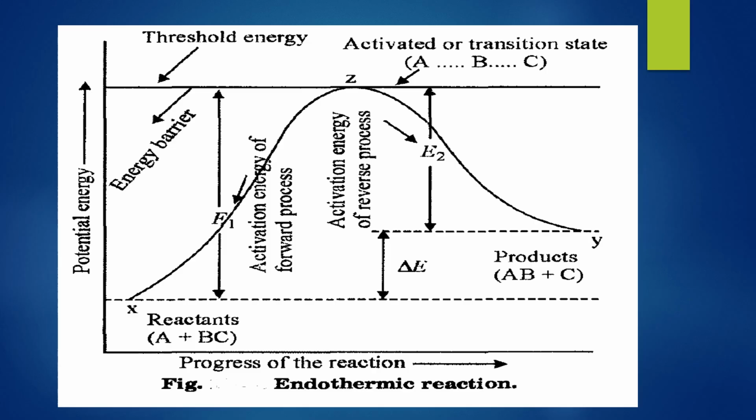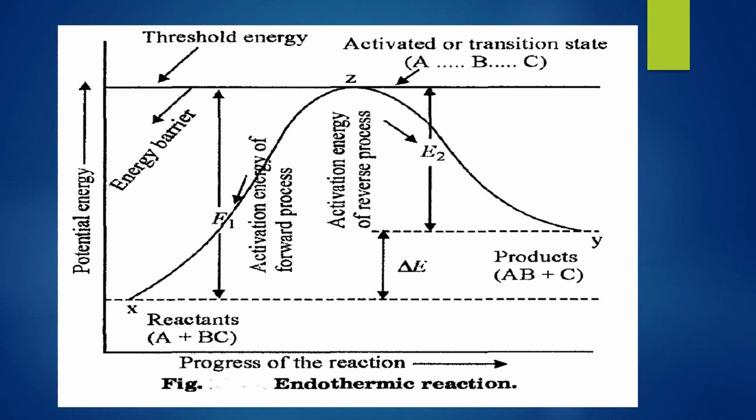Now the energy required for the forward process is greater, whereas the energy required for the backward process is represented as E2. So here we can see that the energy of the reactants taken initially is lower than the energy required for the products formation.